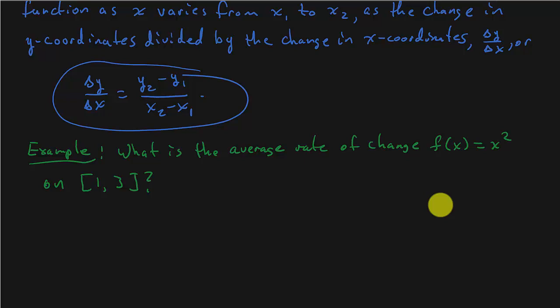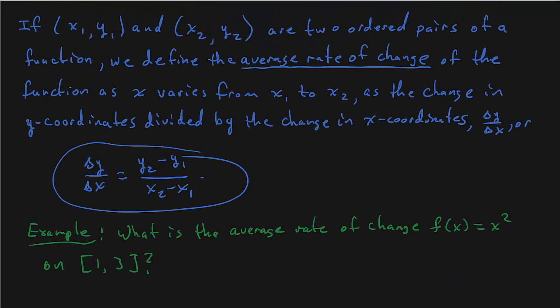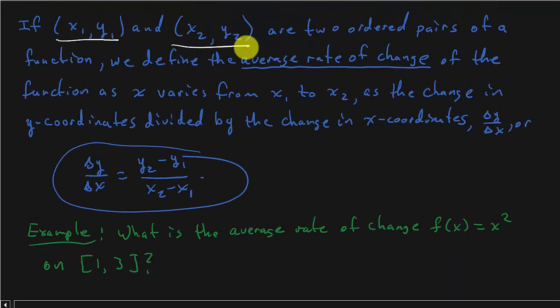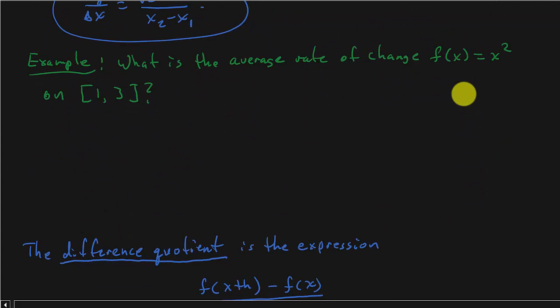They didn't come out and give us 2 points and say, what's the average rate of change? They want to know the average rate of change from x equal 1 to x equal 3.